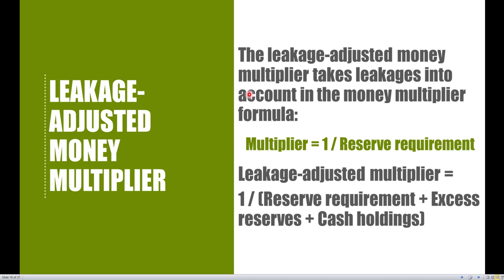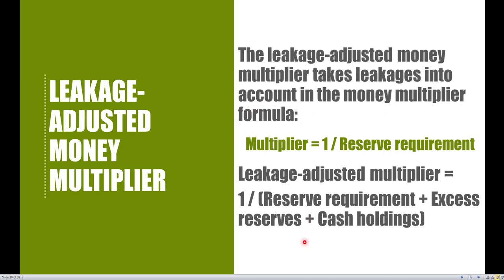So remember, the potential money multiplier just tells us what we see in theory, the maximum amount of new money that can be created, while the leakage adjusted multiplier is going to tell us what we actually see in reality. So here, if we have that same 20% reserve requirement, remember that the potential money multiplier is equal to 5.